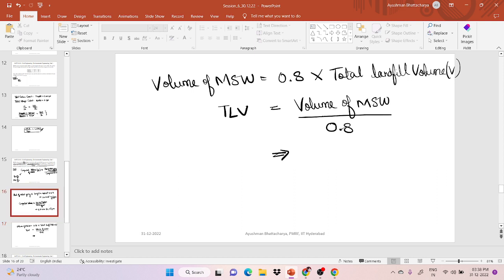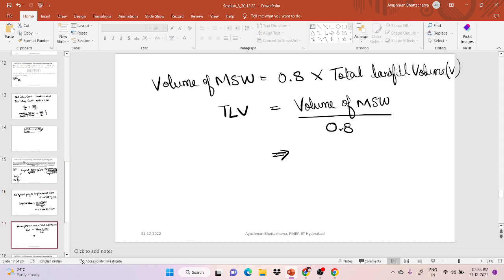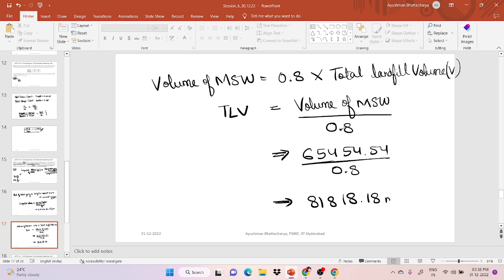Just now we calculated the compacted volume, 65454.54 divided by 0.8. If you calculate this, it will be 81818.18 meter cube per year. That is the total landfill volume.